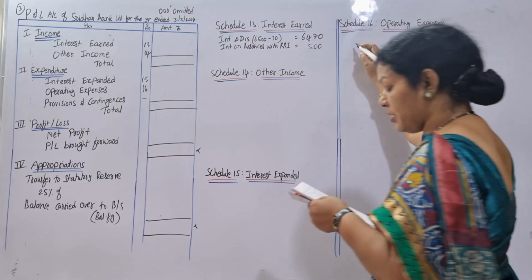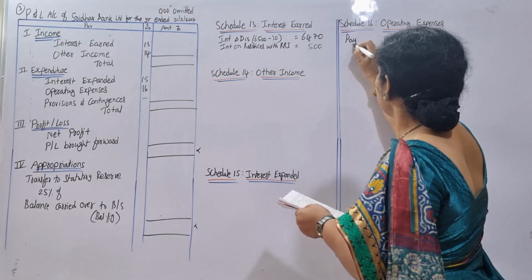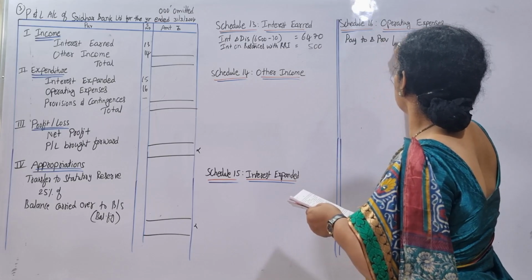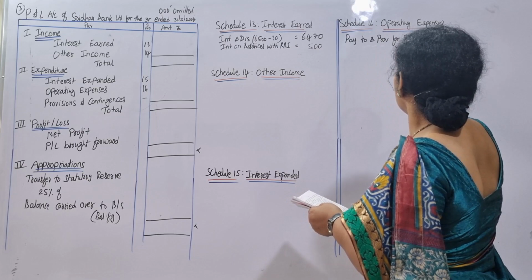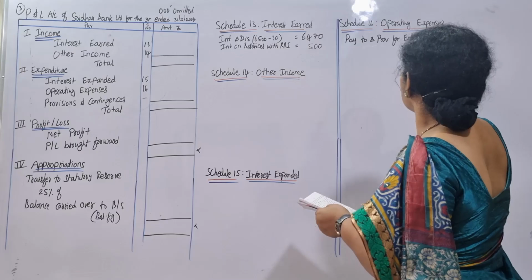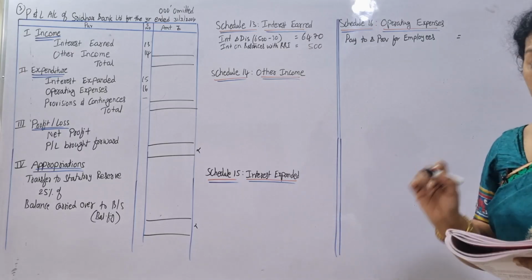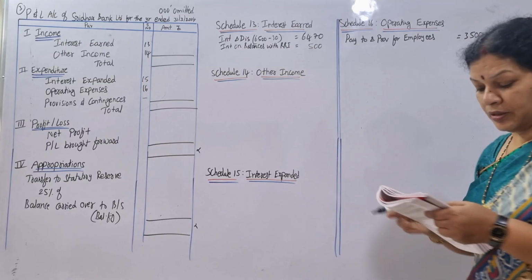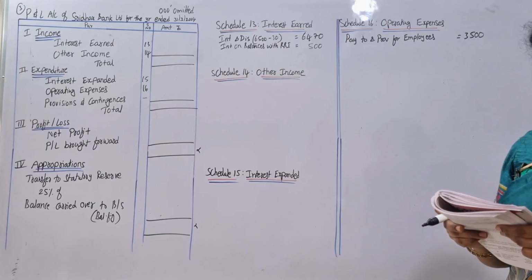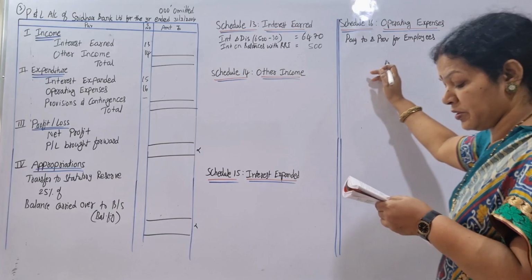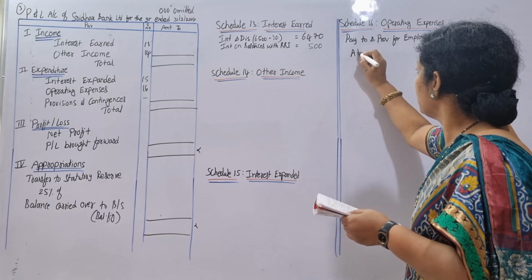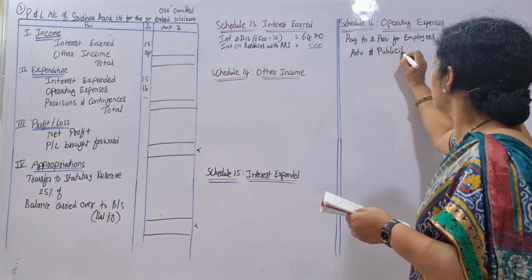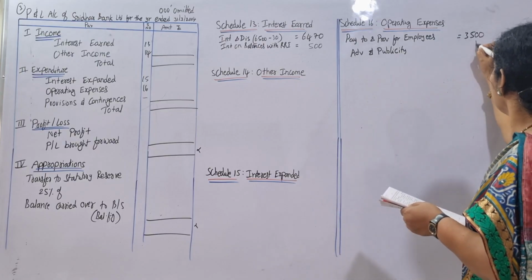We'll write here payments to and provision for employees. Anything related to the employees that the company is spending is operating expenses. So 3,500. Next one, advertising and publicity. This is also operating expenses. Advertising and publicity. How much is it? 13.